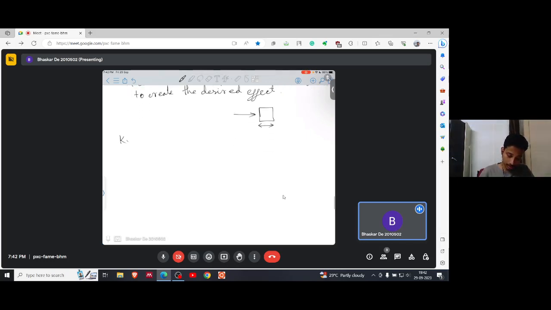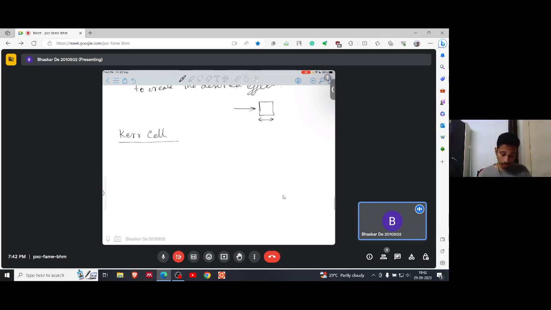Now next is the Kerr cell. So this is not a crystal, this is just an isotropic liquid.